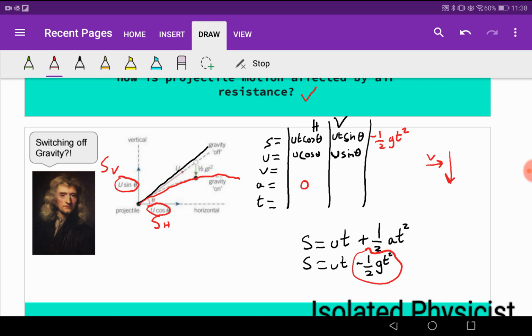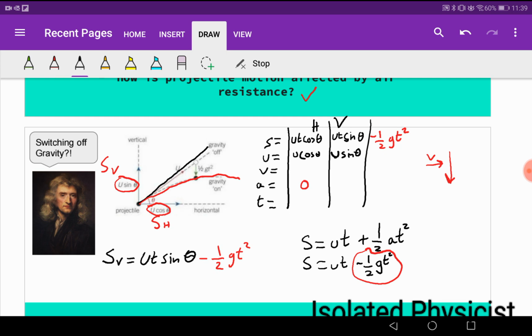In summary, just quickly, what you need to know is that the distance in a vertical plane, in this case, is equal to ut sine theta, and then by putting gravity back on, we have this minus a half gt squared term here.